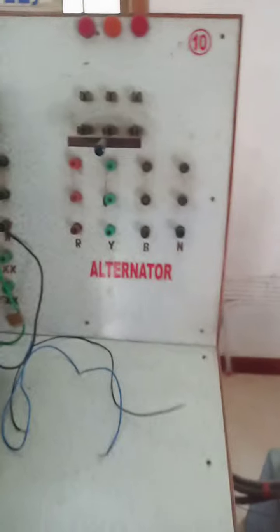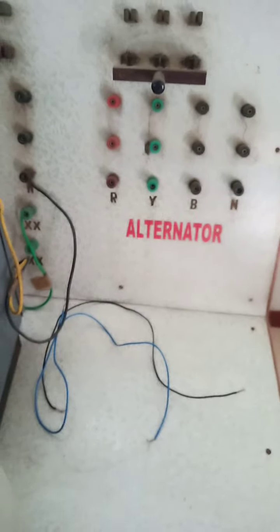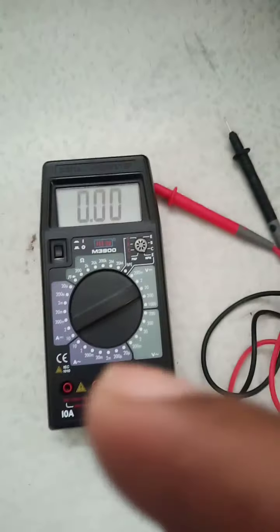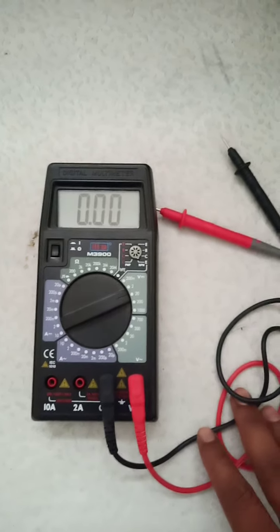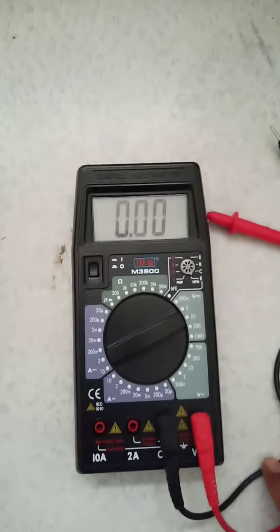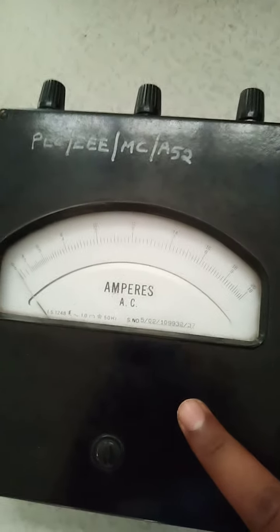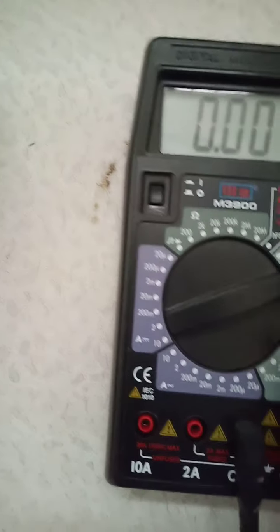That voltage will be taken across R and Y. This is the multimeter for taking readings of voltage, current and resistance. But we can use this type of voltmeter, no problem, and put it in volts mode.